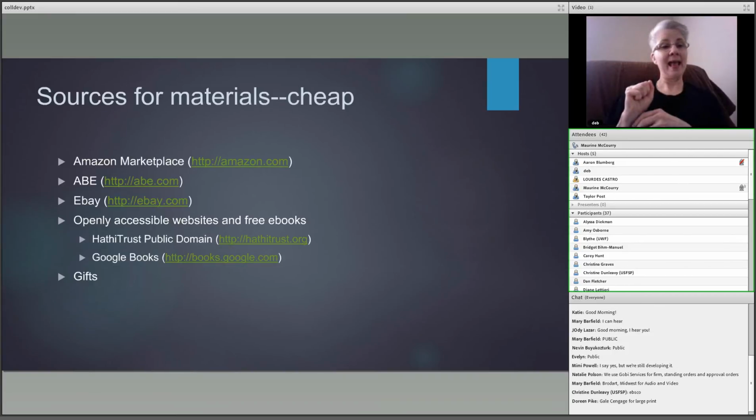ABE Books, and I think actually this link redirects to something called ABE Books, but ABE.com works. Again, independent booksellers selling through this platform. Very good service. We've had a lot of luck finding used materials and remaindered materials through ABE.